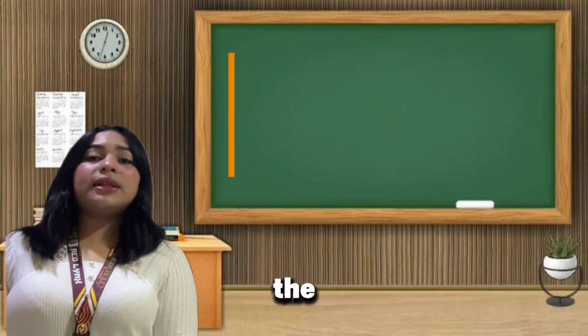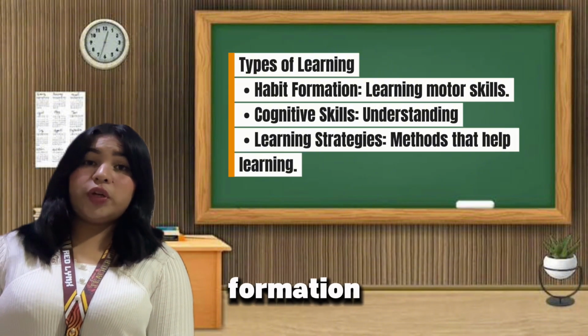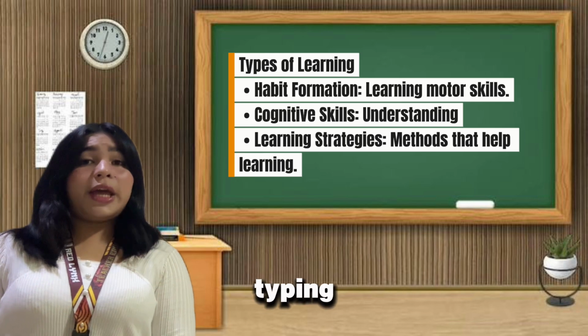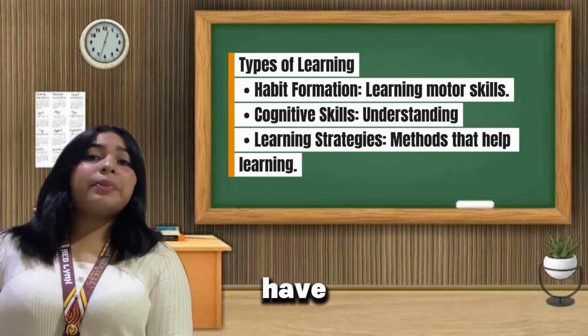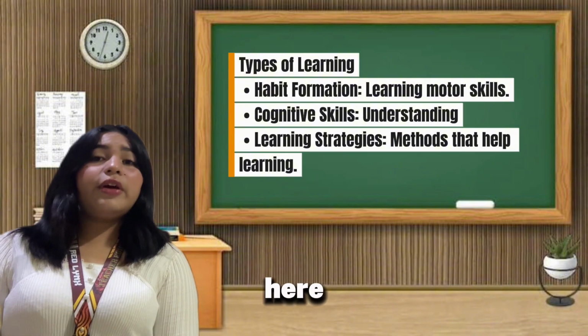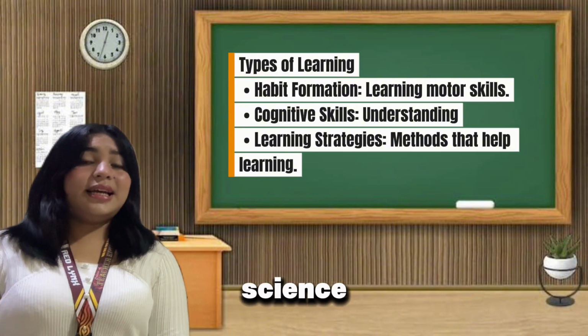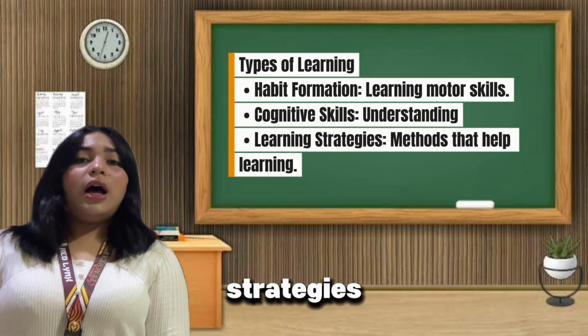Next, we have the types of learning. First, we have habit formation, learning motor skills such as typing, sports, and etcetera. Then next, we have the cognitive skills. Here, understanding concepts such as math and science. Next, we have the learning strategies.